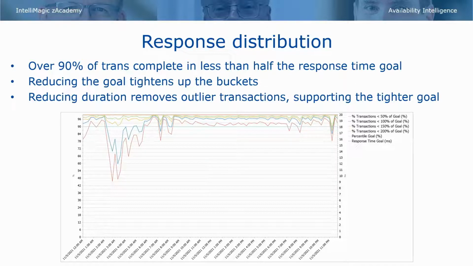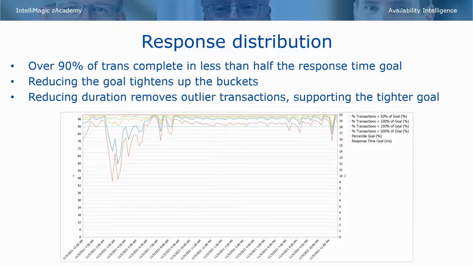I've just cut them down to see 4 of them for relevance, because the big point here is that over 90% are doing twice as good as what you asked for. That's partly why those PIs are so low. It's really overachieving. And there's a percentile goal where the goal is 90% under a certain period. Well, yeah, they're under it already. They're under half of it.